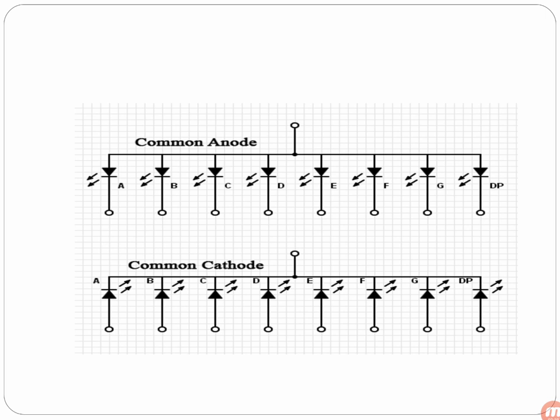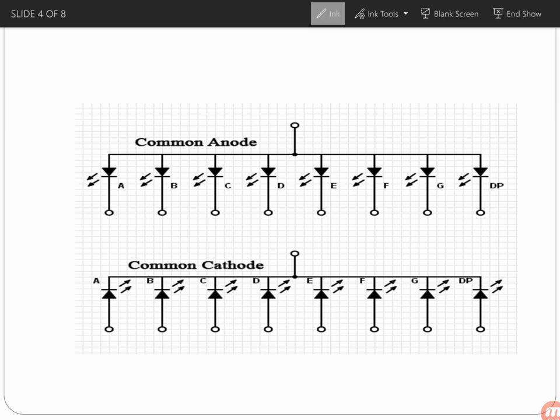Now going into the types of 7-segment displays. Depending on whether the common pin is cathode or anode, we have two types: common anode type and common cathode type. In common anode, all anodes of the LEDs are connected to a common terminal and cathodes are connected to the port pins.